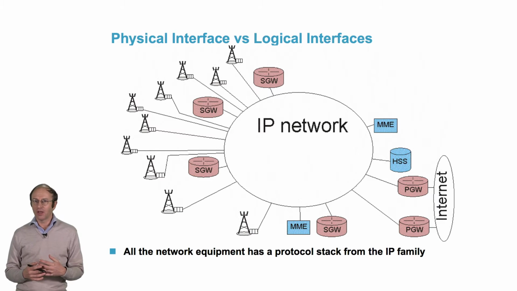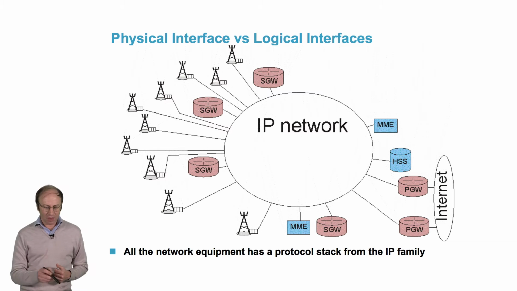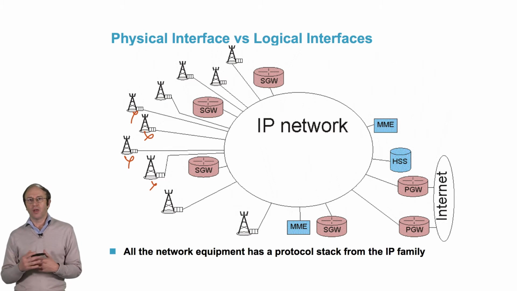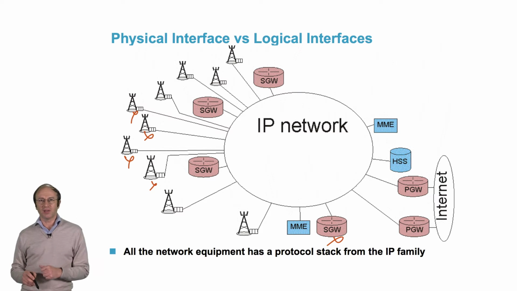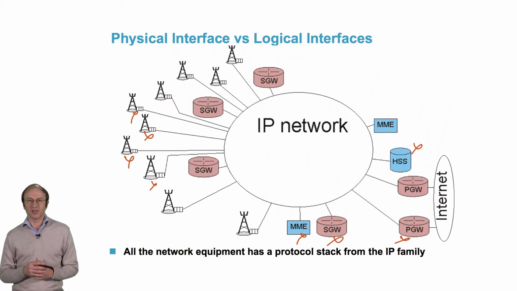As we've said, a 4G network is made up of a set of eNodeBs, a few serving gateways, a few MMEs, and a few P gateways, and an HSS.